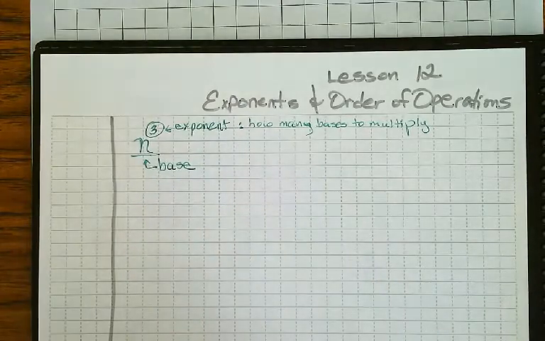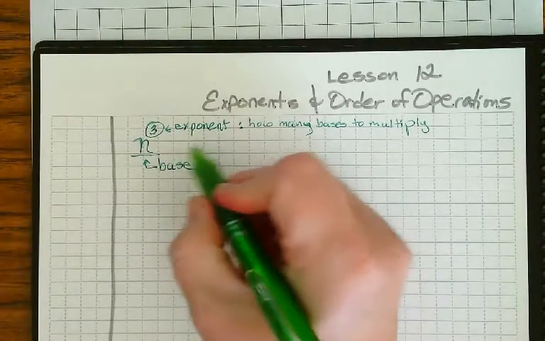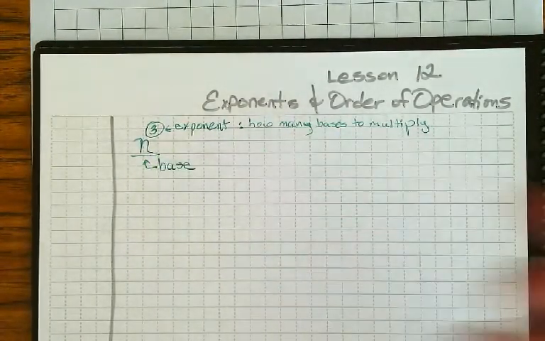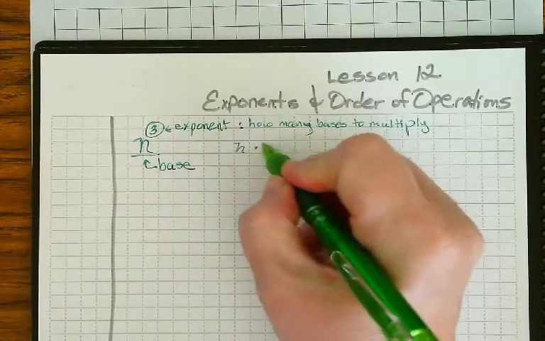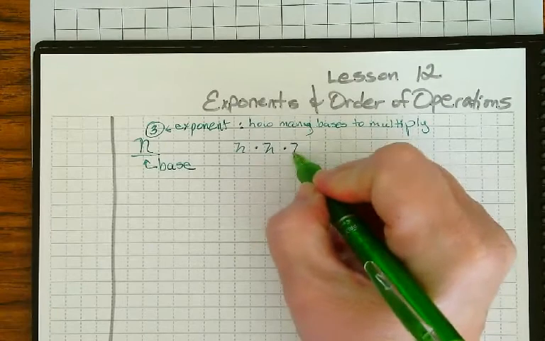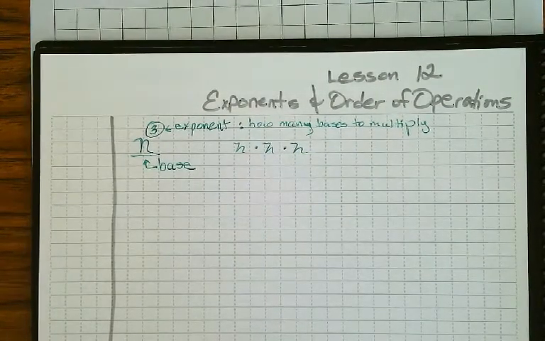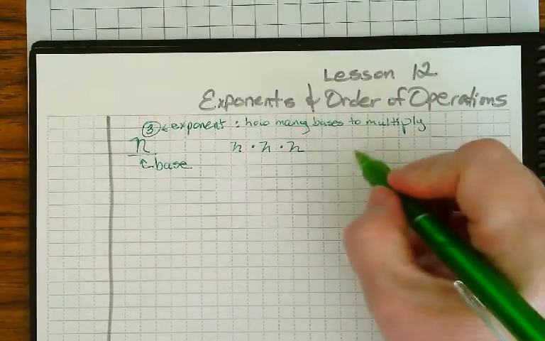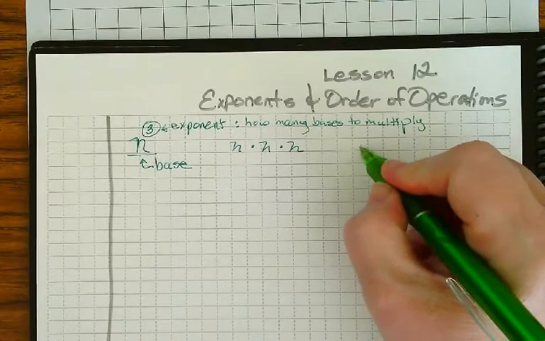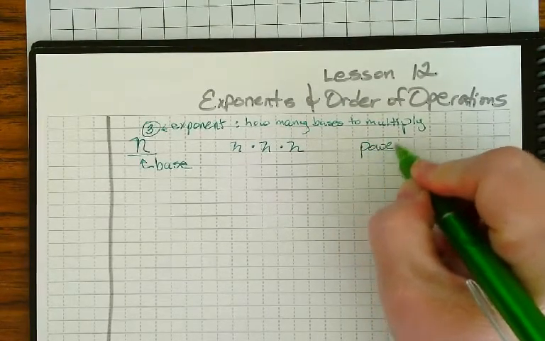And this is the base. So this example here, we don't know what n is, it just stands for a number. So this would be n times n times n, which we don't know what it is, so we can't solve it. Okay, we also call this a power.